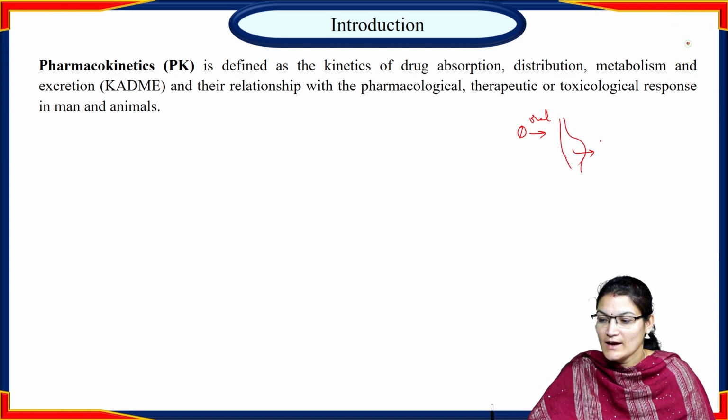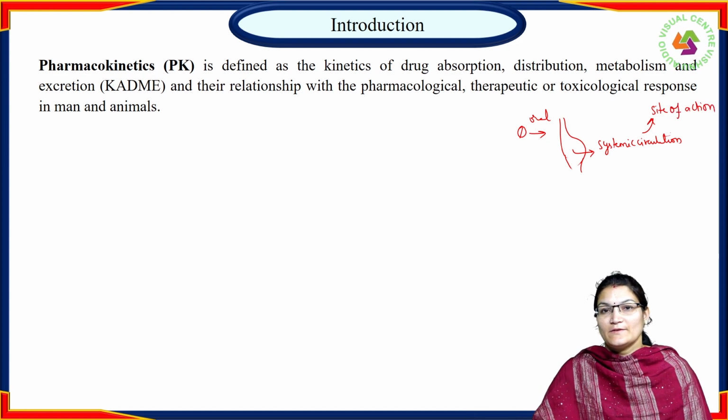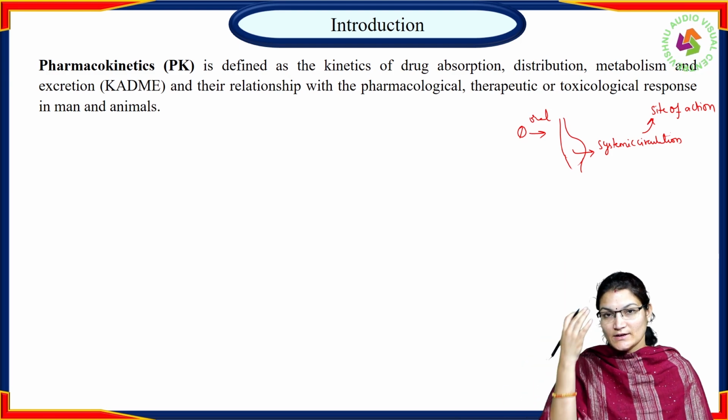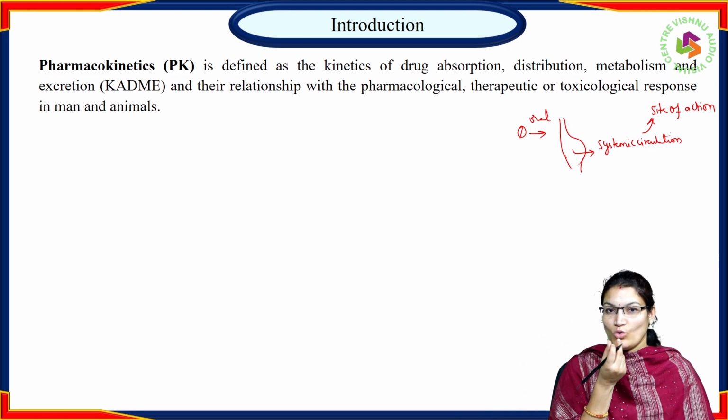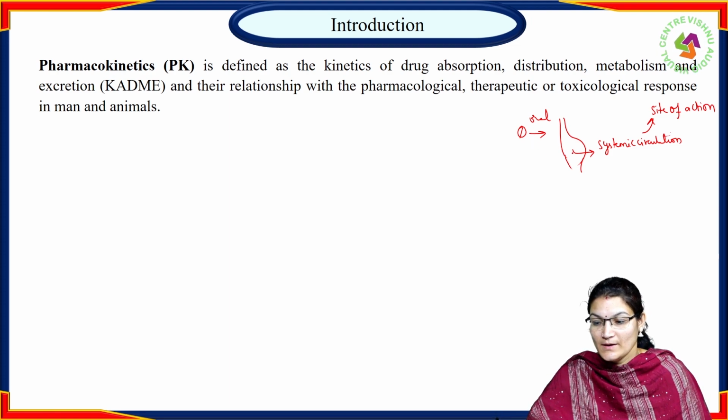Through stomach, it has to enter into systemic circulation. Through systemic circulation, it has to enter into the site of action. So, for example, if the site of action is head and I am taking my pill through oral route, first it will enter into the stomach.